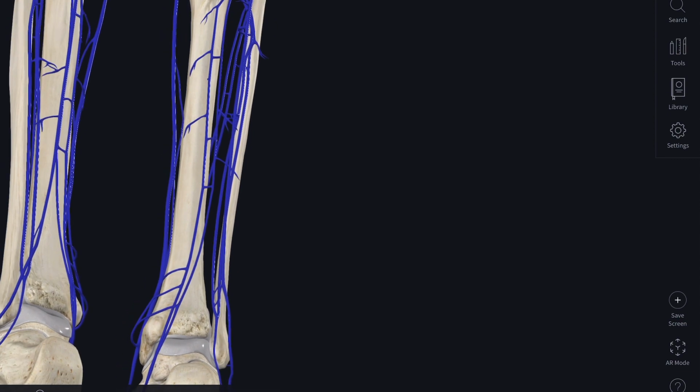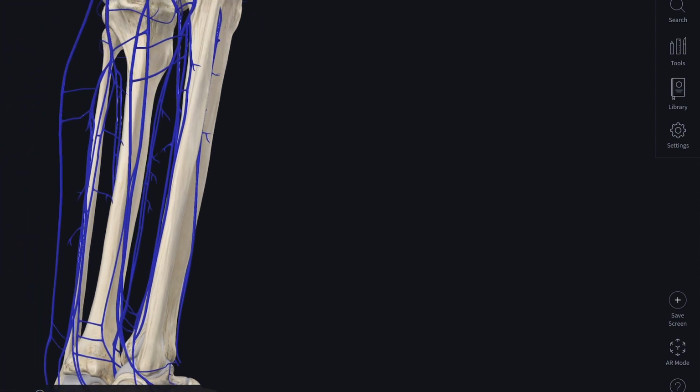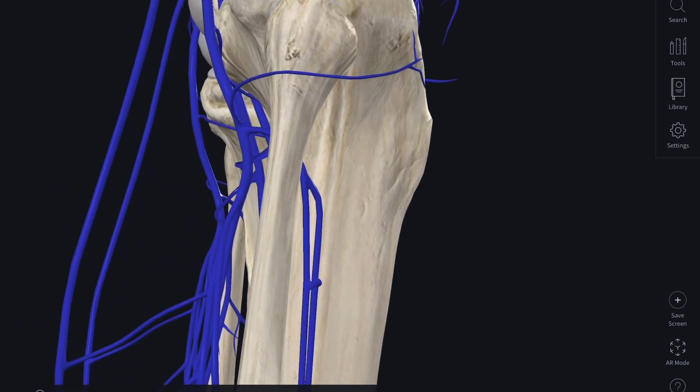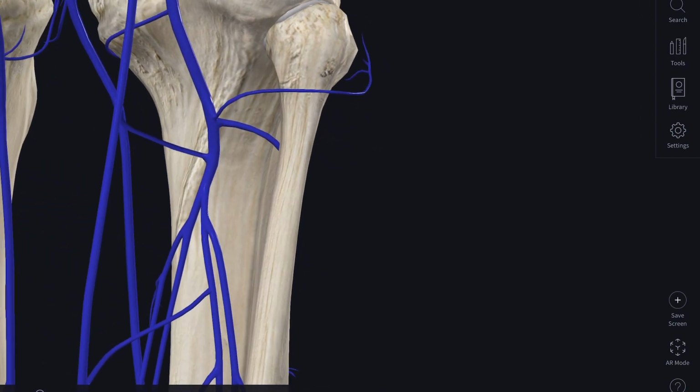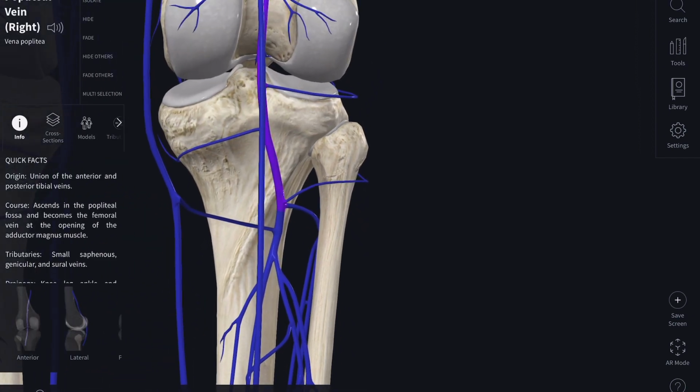Now the posterior tibial vein, the fibular vein, and the anterior tibial vein are all going to drain into a single deep vein in the popliteal fossa, which is this vein right here, the popliteal vein.